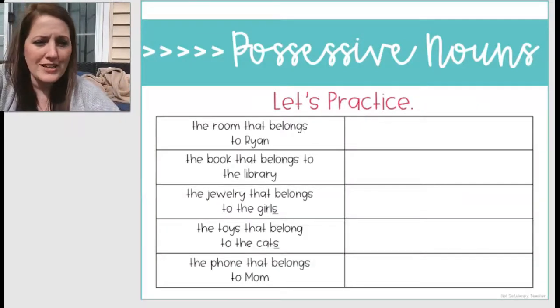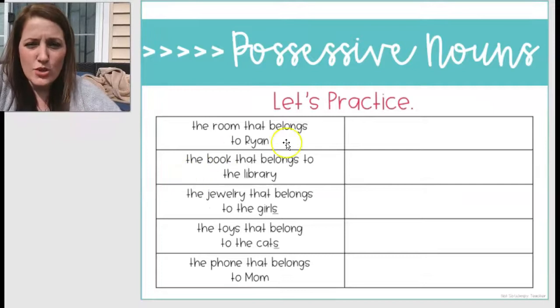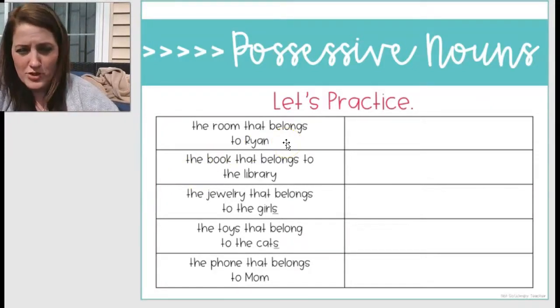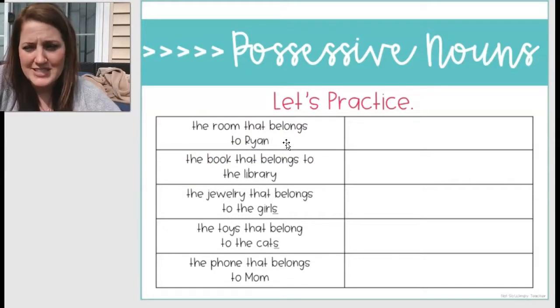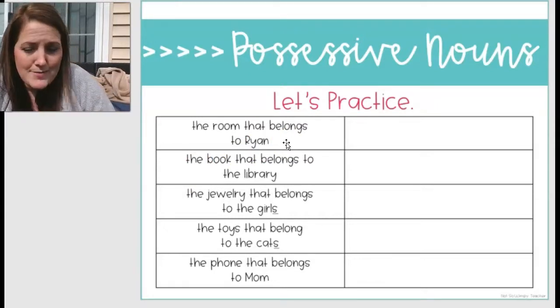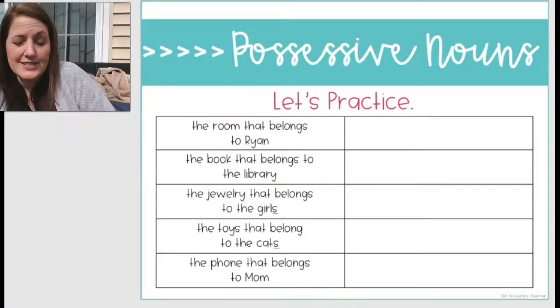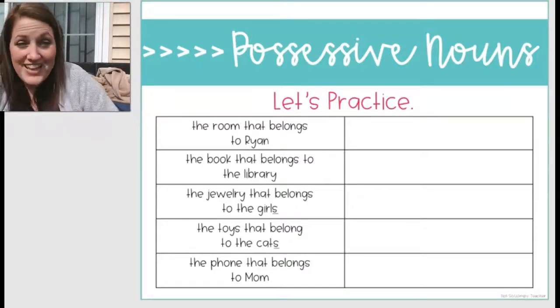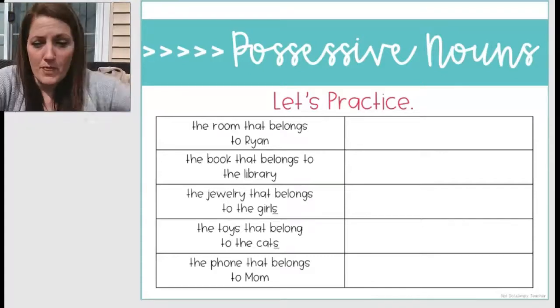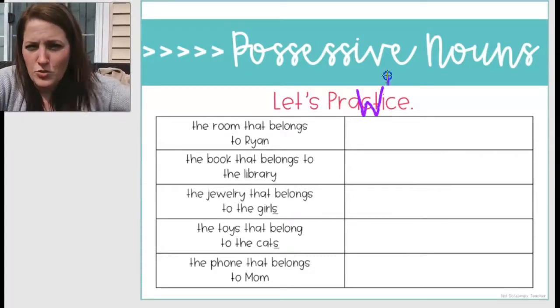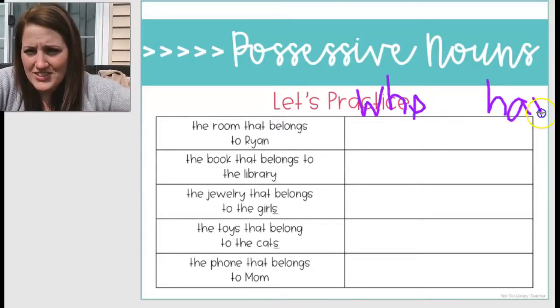So we've got several practice ones here. It says the room that belongs to Ryan, the book that belongs to the library, the jewelry that belongs to the girls, the toys that belong to the cats, and the phone that belongs to mom. So we've got lots of practice ones where we have to decide apostrophe S or just apostrophe. Remember, we're going to start with the who on this side, and then what they have goes on this side.